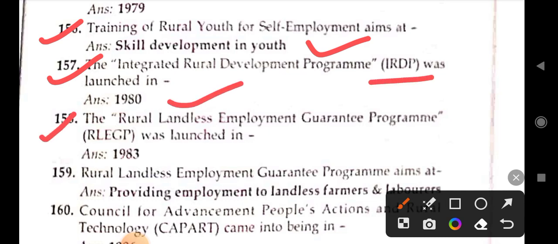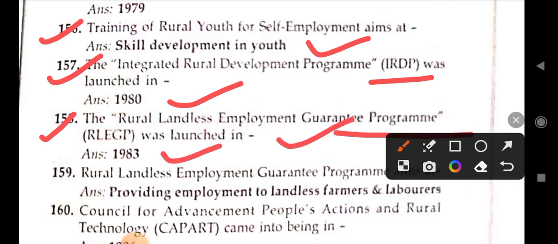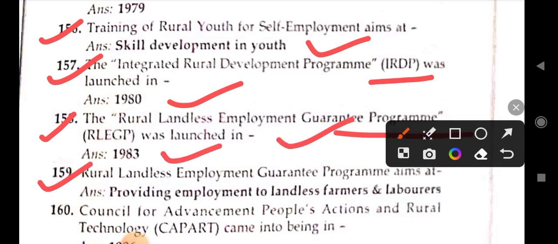The Rural Landless Employment Guarantee Program, RLEGP, was launched in 1983. The Rural Landless Employment Guarantee Program aims at providing employment to landless farmers and laborers.